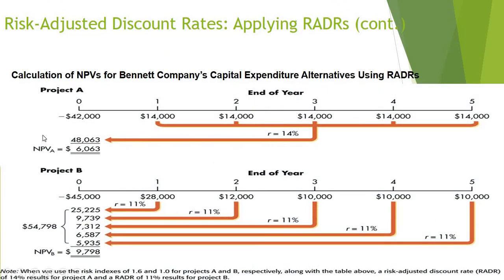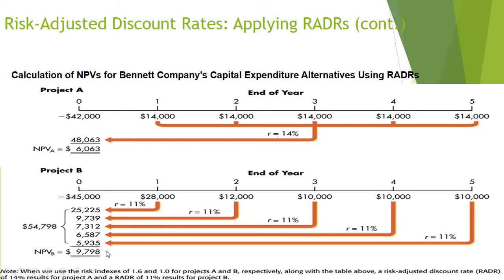Now these are the initial investment and cash flows of project A and project B. Based on the risk adjusted discount rate, which is 14% for project A, the NPV of project A is $6,063, and based on the risk adjusted discount rate of project B, which is 11%, the NPV of project B is $9,798.